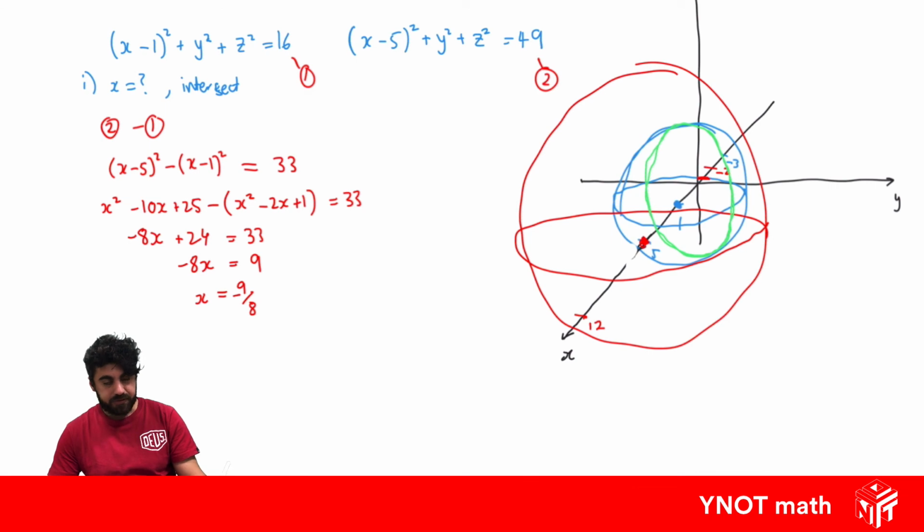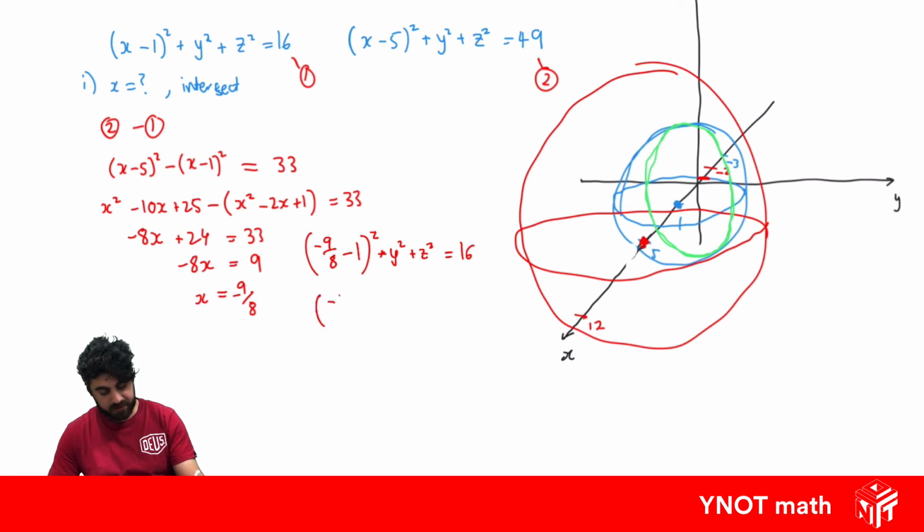But we can go ahead and find the equation of that circle by just subbing this value of x into either one of these equations. So let's go ahead and do that. We'll sub it into equation 1. So we'll get (−9/8 − 1)² + y² + z² = 16.